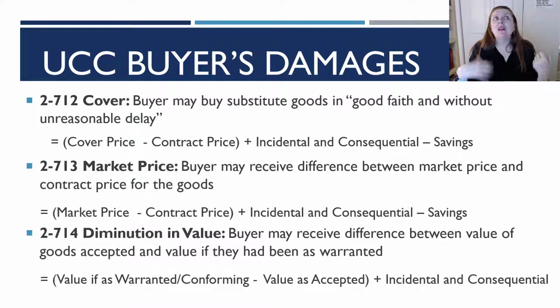And so the buyer saves those costs, right? That would be something that you might subtract from your damages calculations. So cover is going to be a really common form of remedy that a buyer is going to attempt because they need the goods. They're going to go out and find the goods even if they have to pay more for them. Then they'll sue seller for the difference.